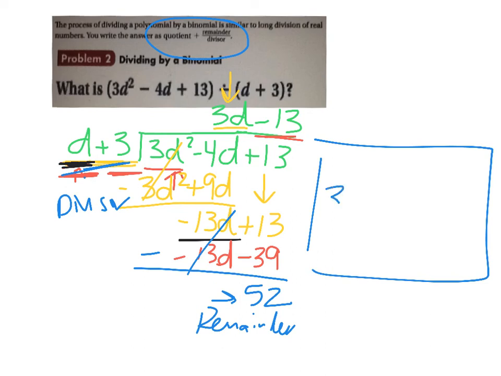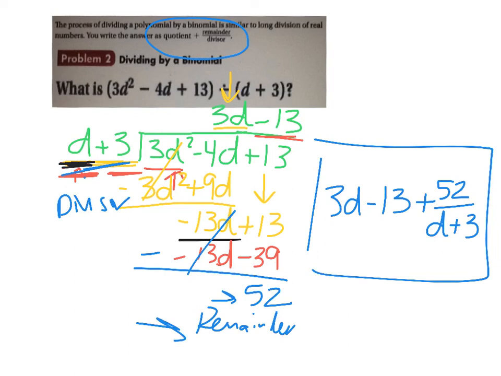That gives us 3d minus 13. 52 is positive, so it becomes plus, but it's not just plus 52, it's plus 52 over our d plus 3 that we divided by. Okay, so that's using long division and using your remainder as a part of your answer as well.